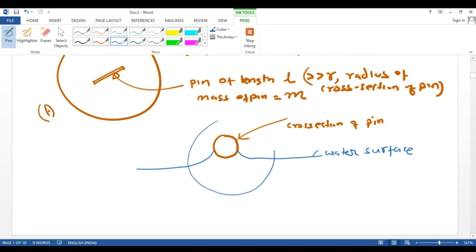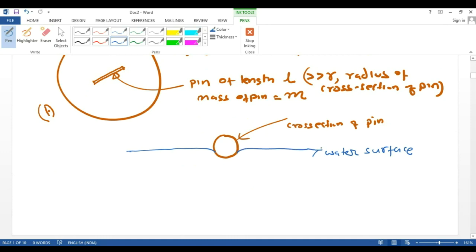On this part I'm just very crudely drawing it. But what we find here is that the water molecules, the film here, would be applying a force on the pin. So it'll actually be like this. So this is a water surface.